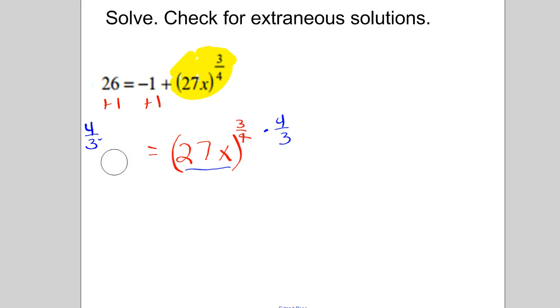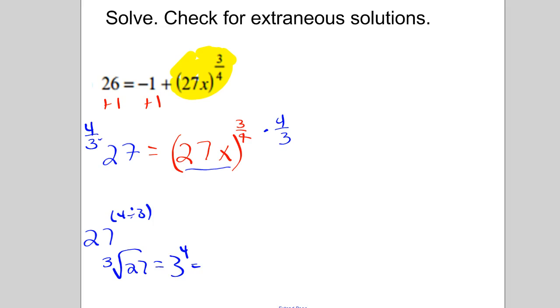This should be 27. So in my calculator, I'm going to type in what is 27 to the 4 divided by 3 power. So I really have the cube root of 27. The cube root of 27 is 3.